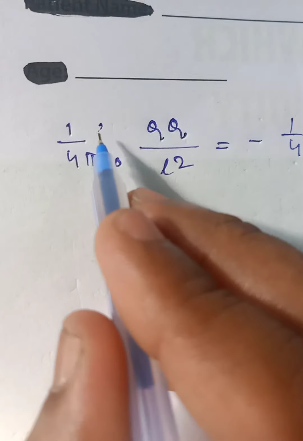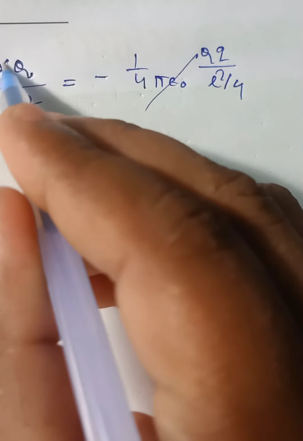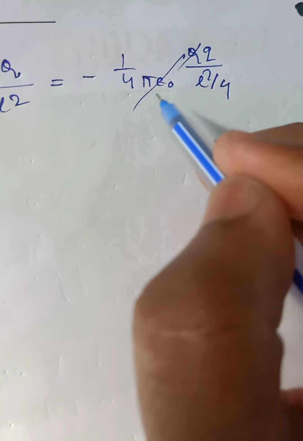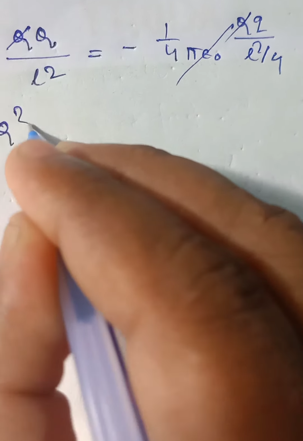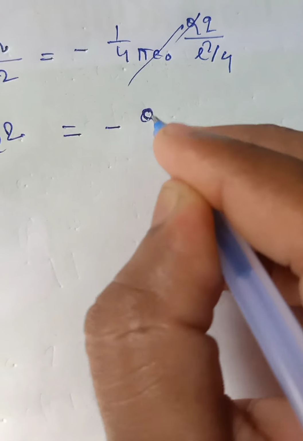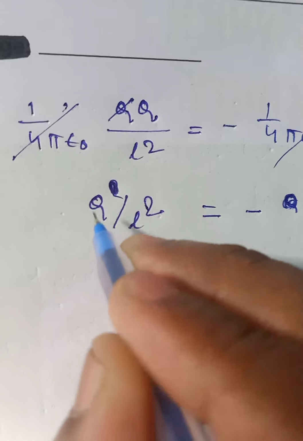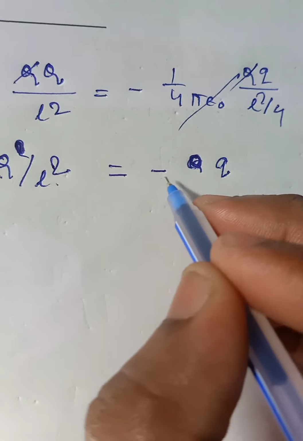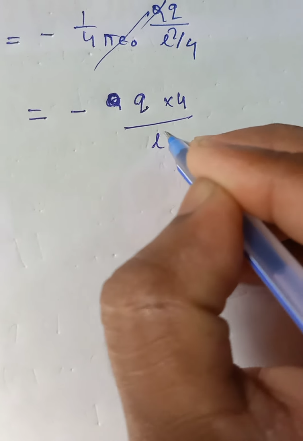And 1 by 4 pi epsilon naught cancels, and one capital Q will cancel. So that means Q by L square equals minus small q into 4 by L square.